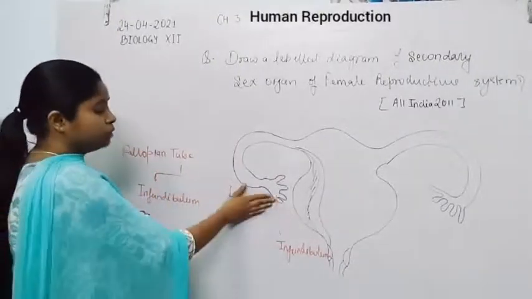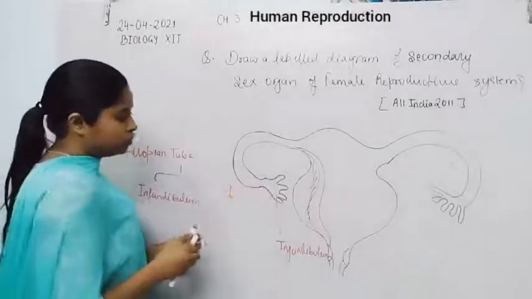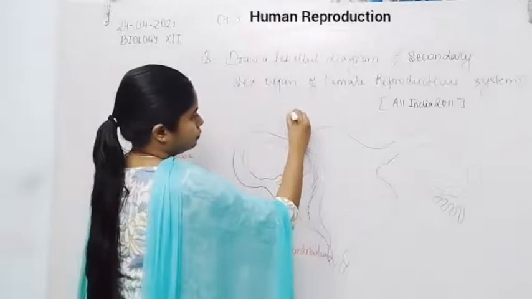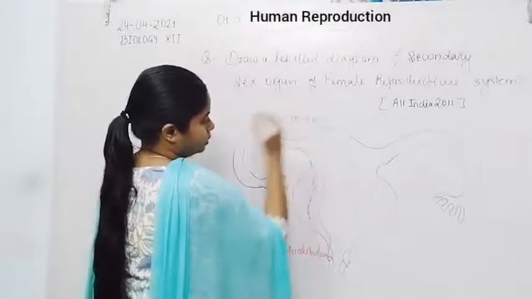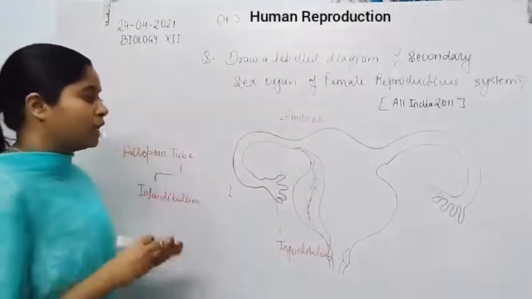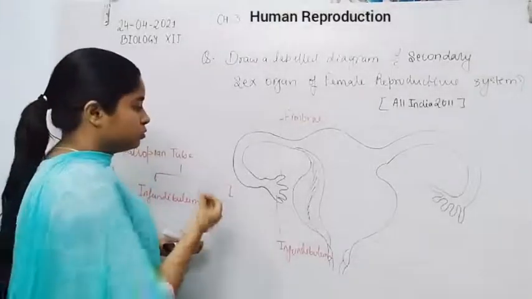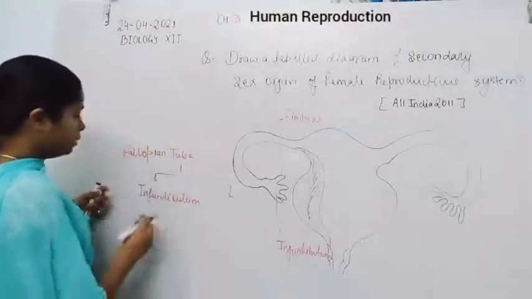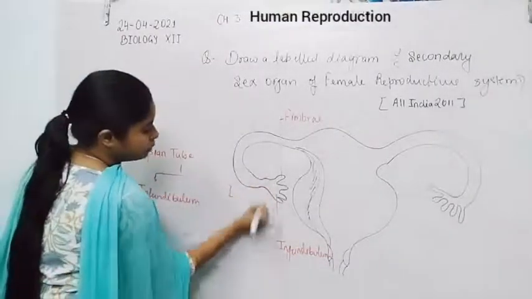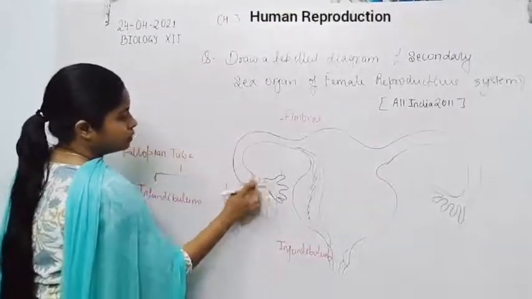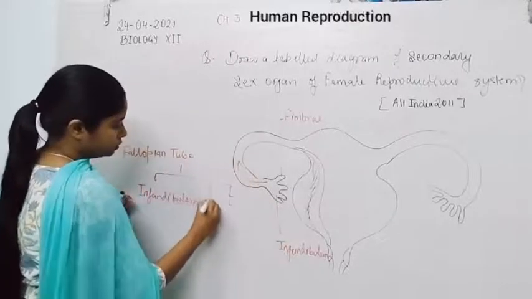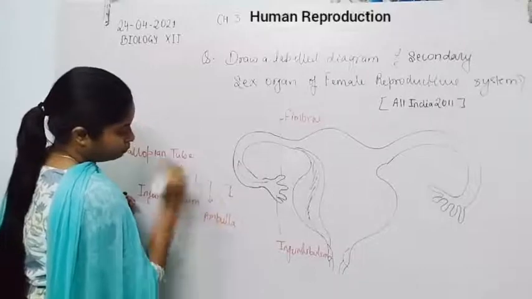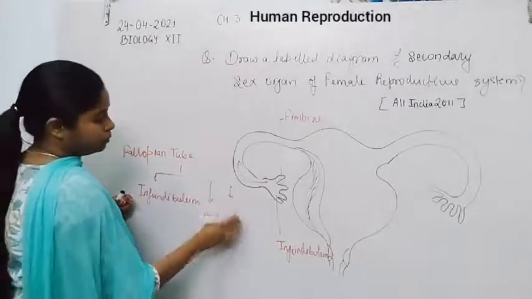Now, the infundibulum projects finger-like projections, the fimbriae, so that they can catch the ovum released by the ovary. After the infundibulum comes the second part, which opens into the ampulla, the third part.